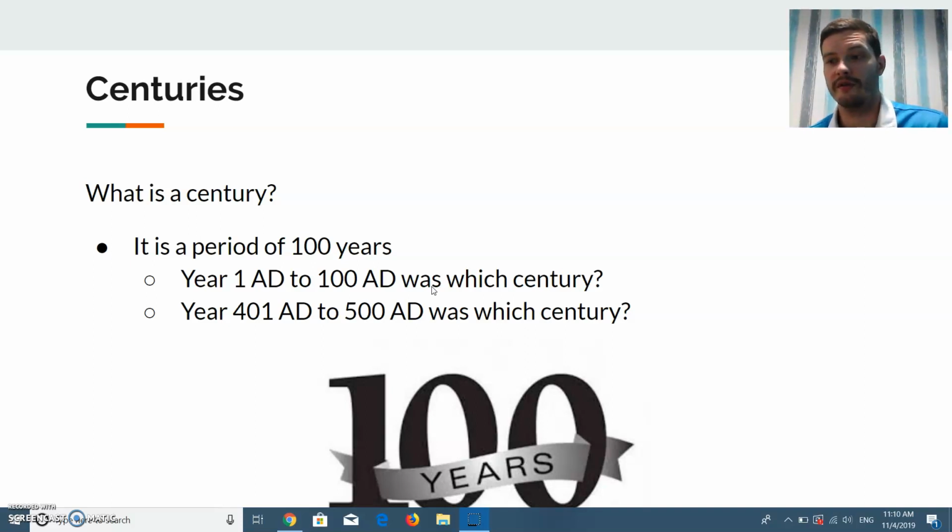So the bigger the number is when we're talking AD, the closer to our own time that year would be. Okay. Unless you're talking about the future, but we're talking about history here.